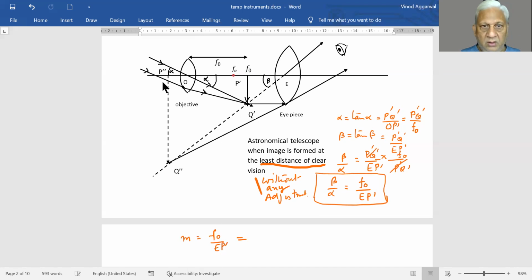Now this EP dash, if we make it equal to FE, meaning if this point shifts to this point, then what will happen? These two rays will become parallel and the image will be formed at infinity.